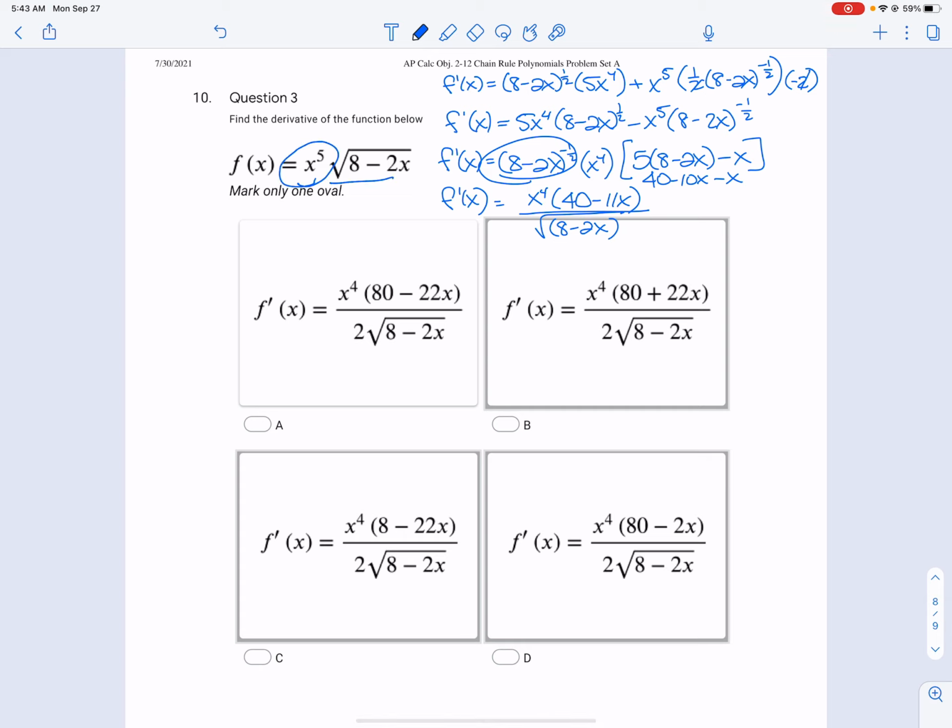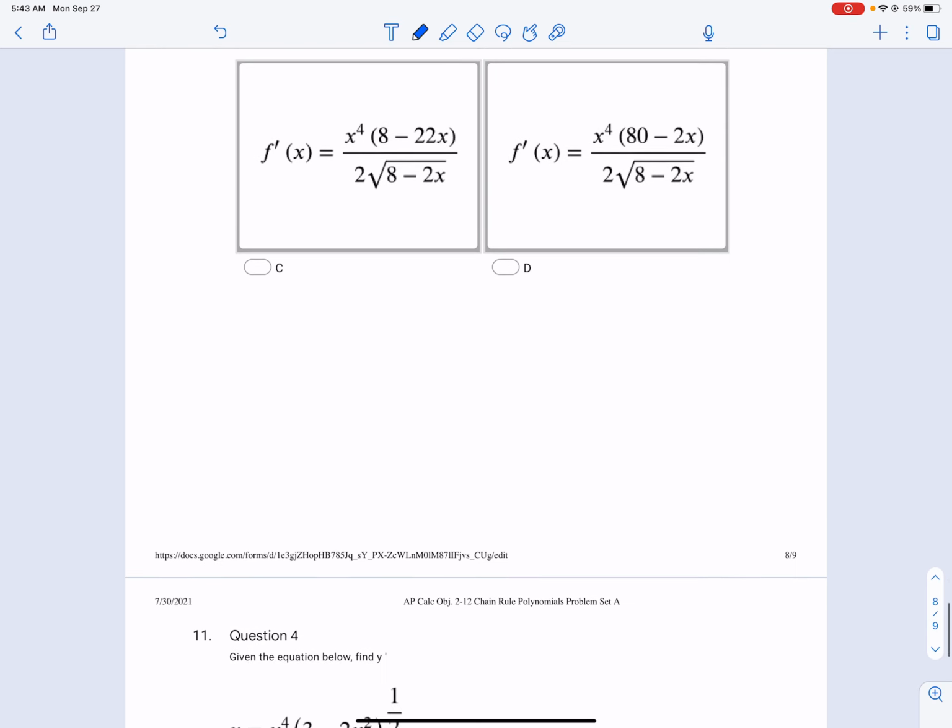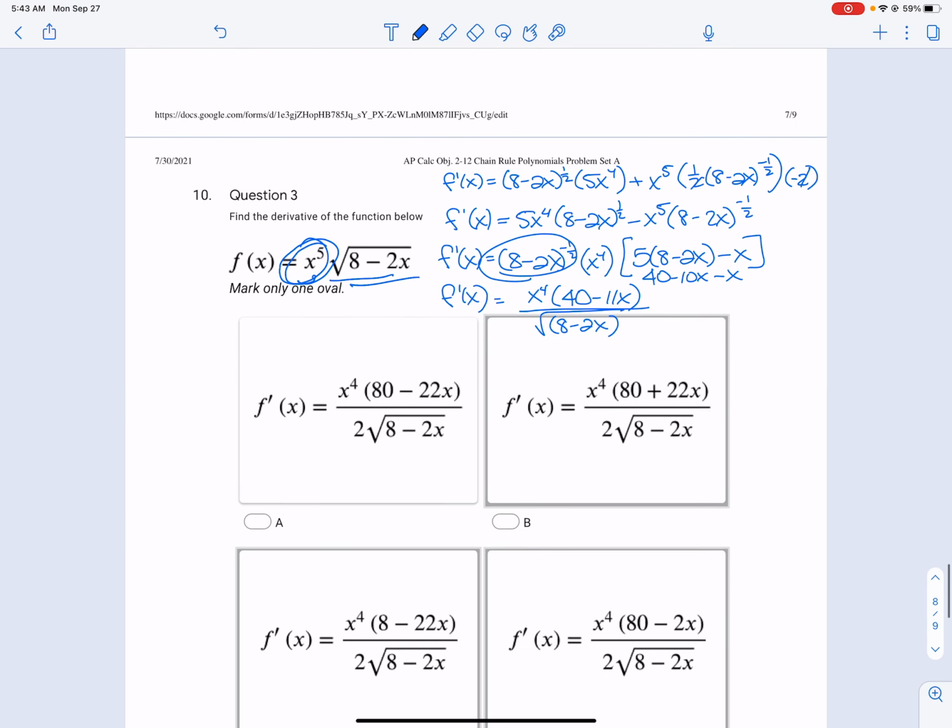Second times the derivative of the first, first times the derivative of the second. Well, let's look at this for a second. So let's see.